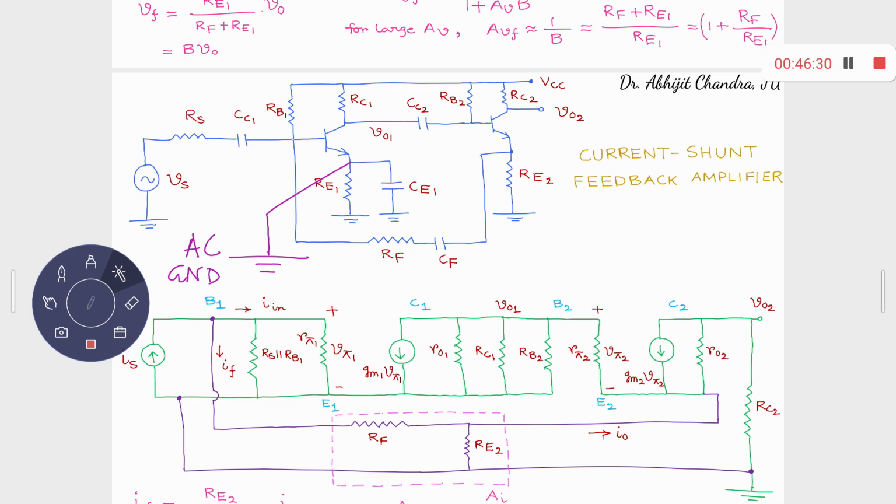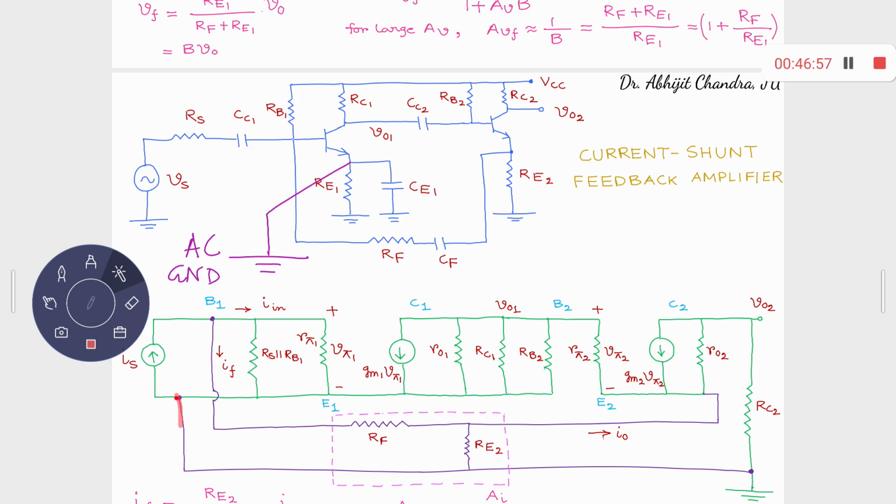Between E2 and V1, this RF is connected. Okay, E2 and V1. How to connect? Like this. How to connect this ground line over there? Hard ground. This is hard ground, no?